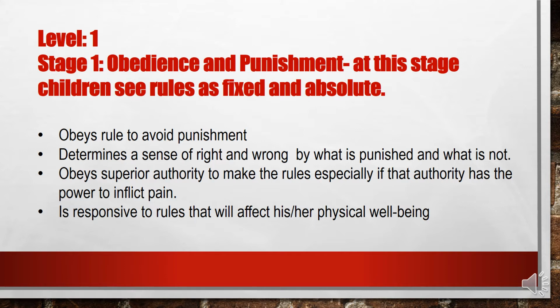Stage one obeys rules to avoid punishment, determines a sense of right and wrong by what is punished and what is not, obeys superior authority that makes the rules, especially if the authority has the power to inflict pain, and is responsive to rules that will affect his or her physical well-being.